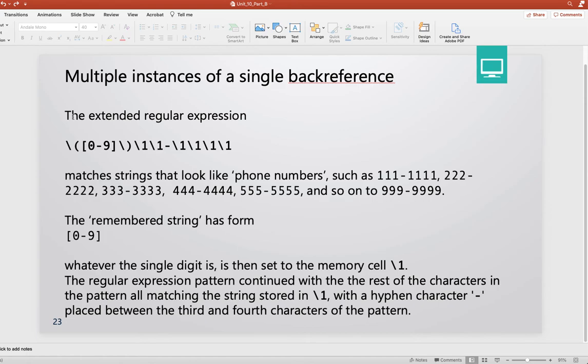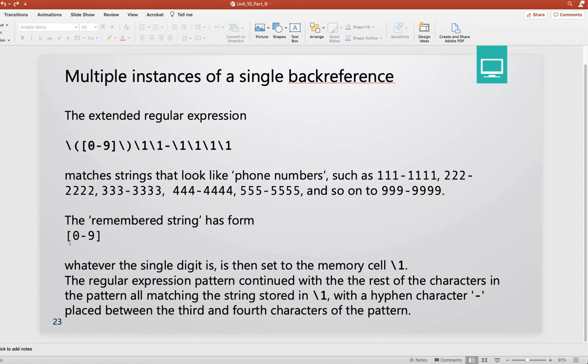And another one is this extended regular expression. It will match a string that looks like a phone number. The remembered string has digits from 0 to 9, and whatever the digit is gets set to memory cell number 1, and the regular expression pattern will continue with the rest of the characters in the pattern, all matching the string stored in number 1.